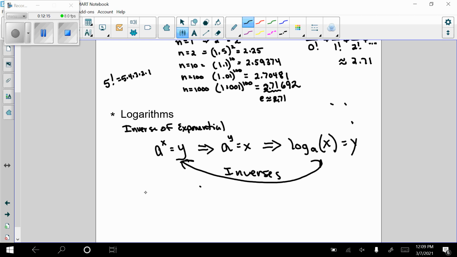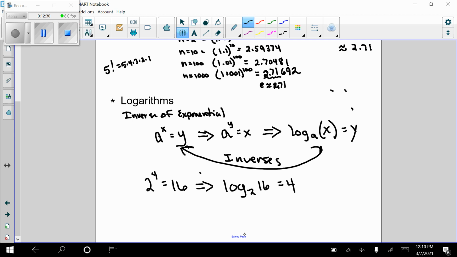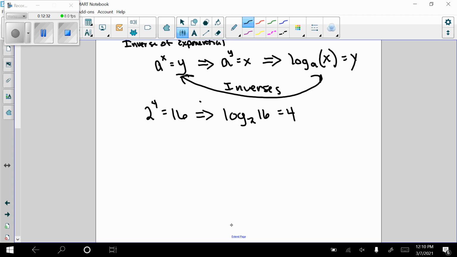A couple of examples: 2 to the 4th equals 16, which is a true statement. If you rewrite that as a log, you have log base 2 of 16 equals 4. The equivalent statements there. 3 to the 0 equals 1. That would be log base 3 of 1 equals 0.